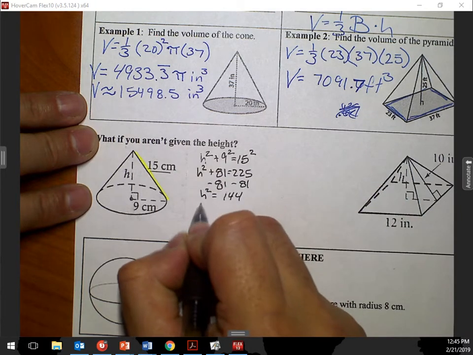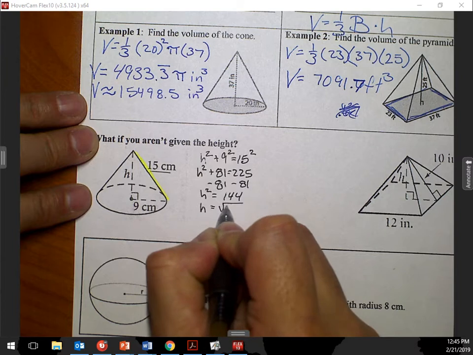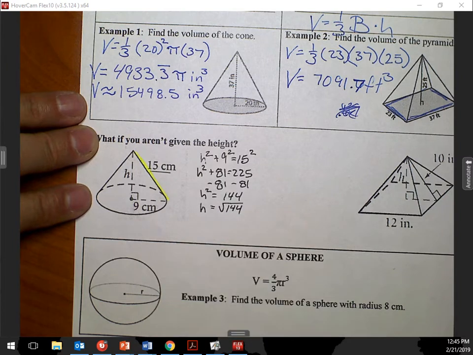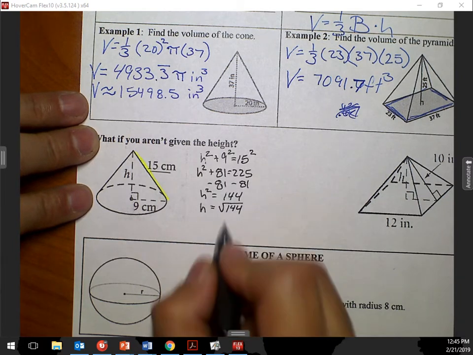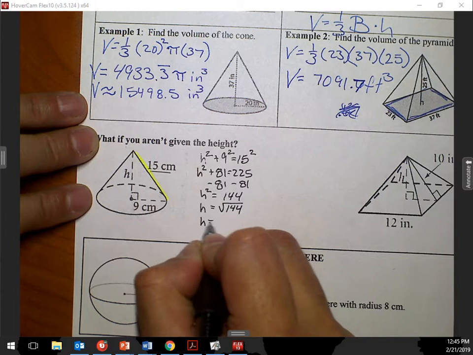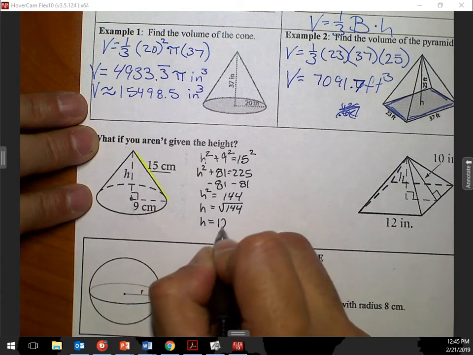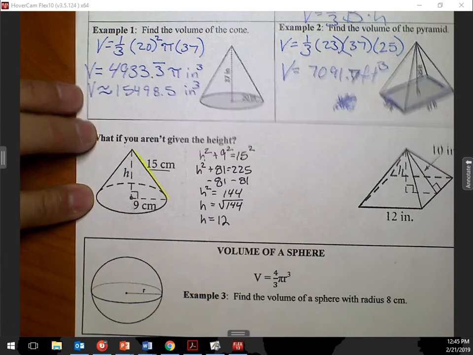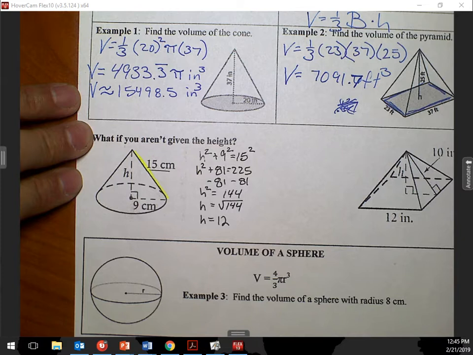And then square root. h is equal to the square root of 144. So in this case, h is equal to 12.